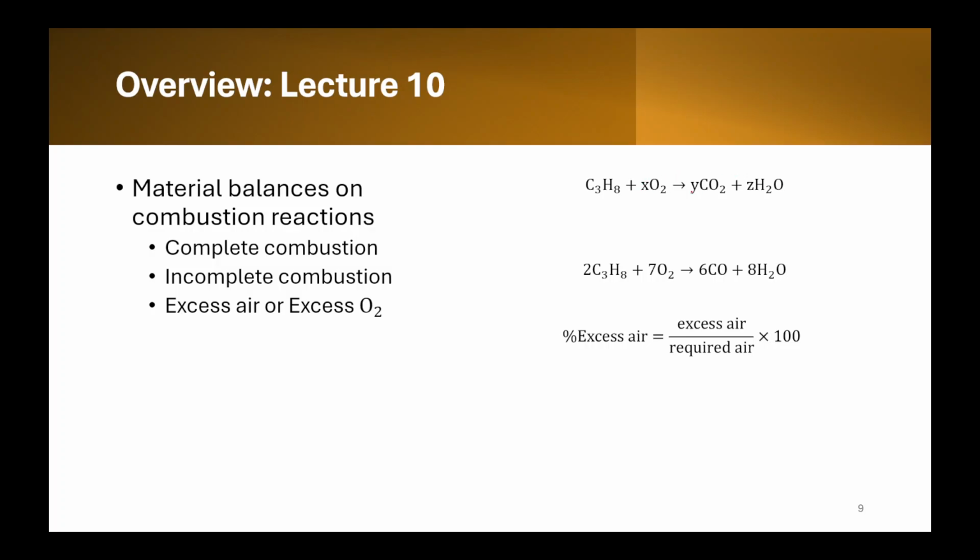So what will be the value of X, Y, Z here? Can somebody tell me?